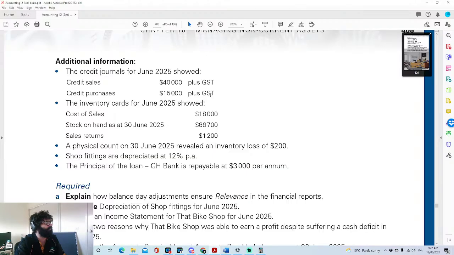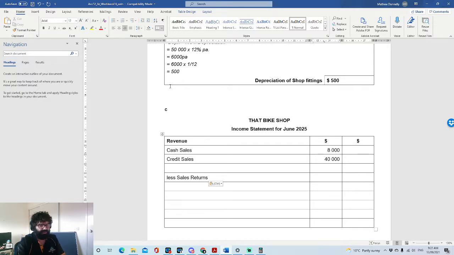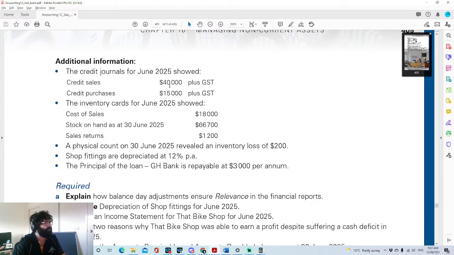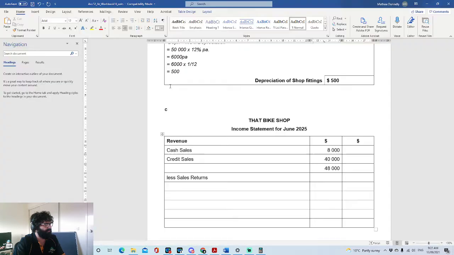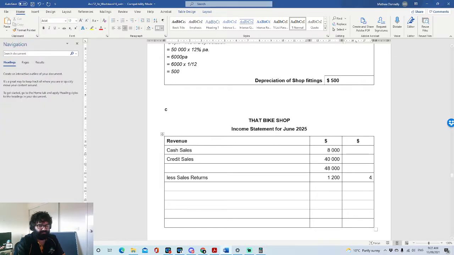I will tidy this up in a moment. Credit sales we see is 40,000. Then we get 48,000. Our sales returned is 1,200, and that will give us minus 1,200, 46,800.